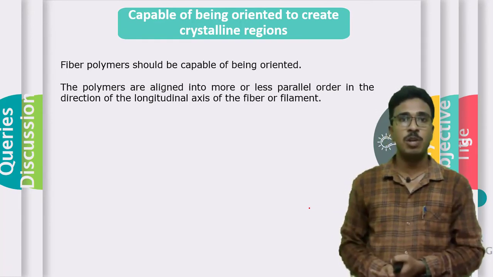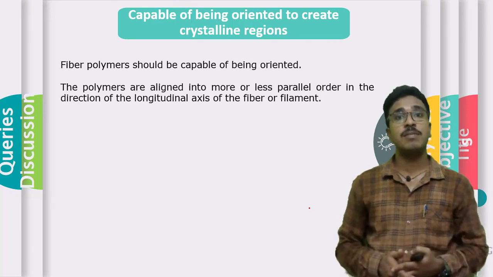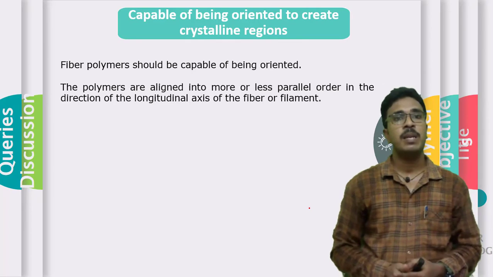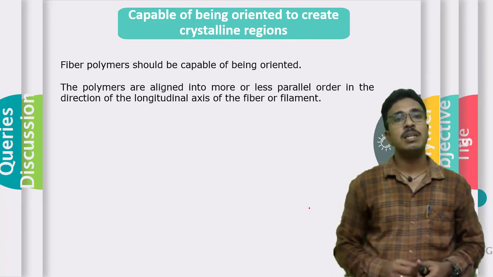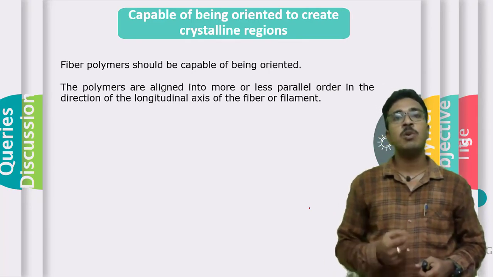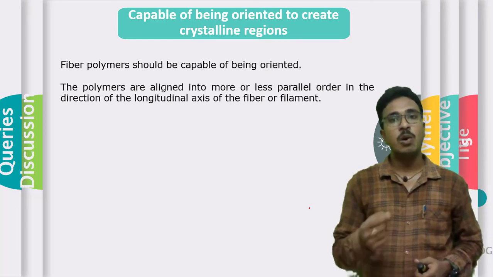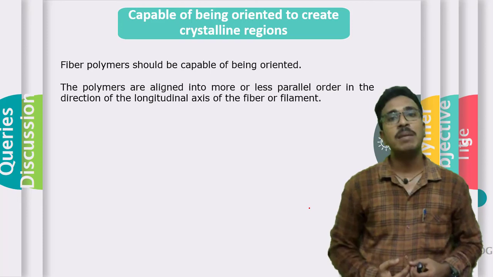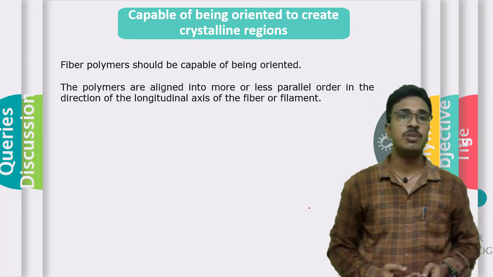That will result in the high strength of a particular polymer. And the polymers should be aligned in more or less parallel order in the direction of the longitudinal axis of a fiber or filament.